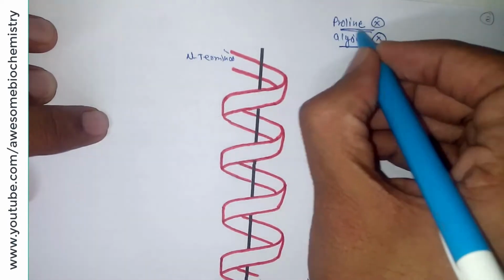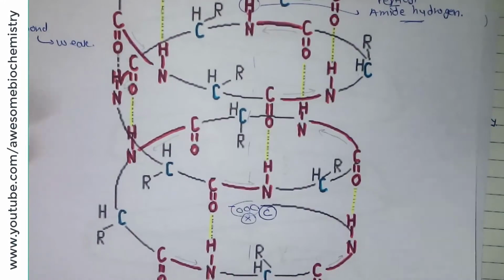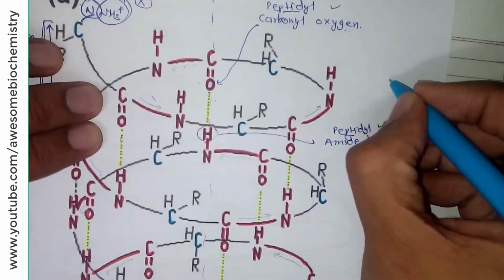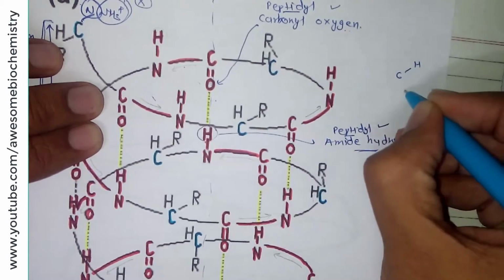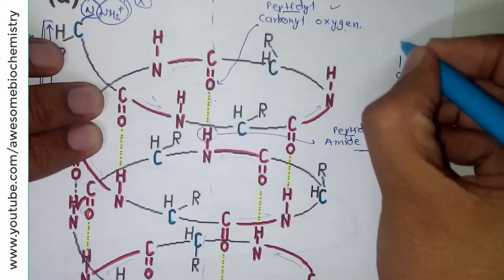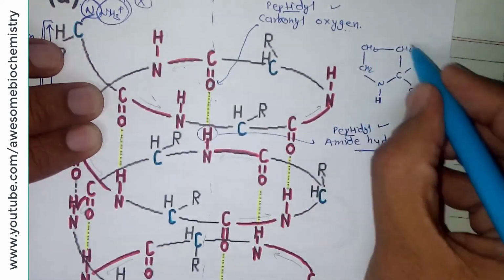The reason is that in case of proline, suppose if we see this diagram once again, the structure of proline is like this. So, there is an unusual kind of structure in case of proline, right. So, this is the structure of proline.